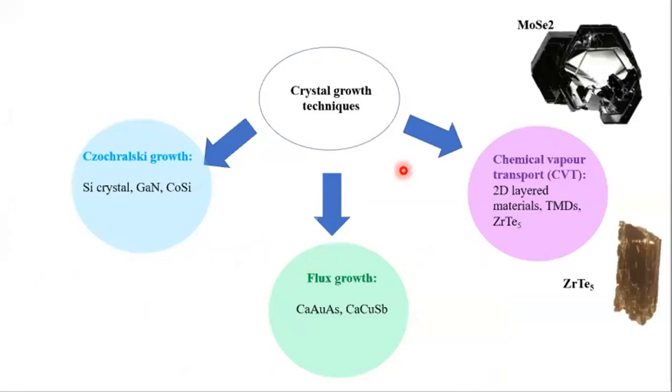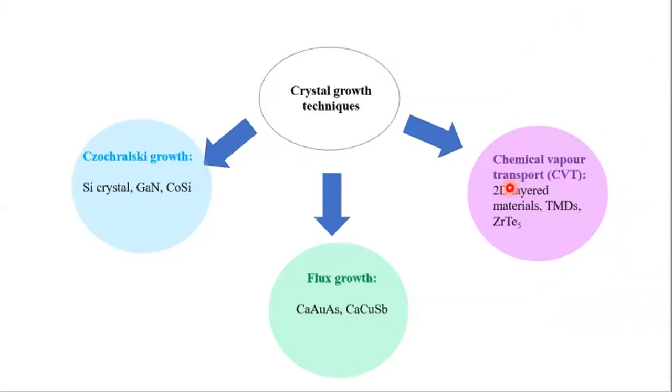Here you take the material and a transport reagent, and by small molecular transport you can get a big size crystal. We have also employed this technique to grow different 2D materials, mostly TMD materials, ZrTe5, or layered structure materials. I will come to them one by one.